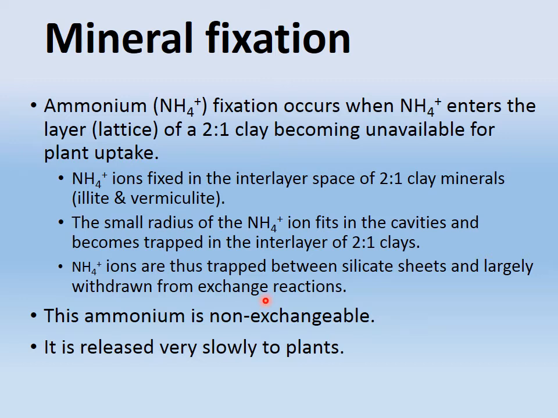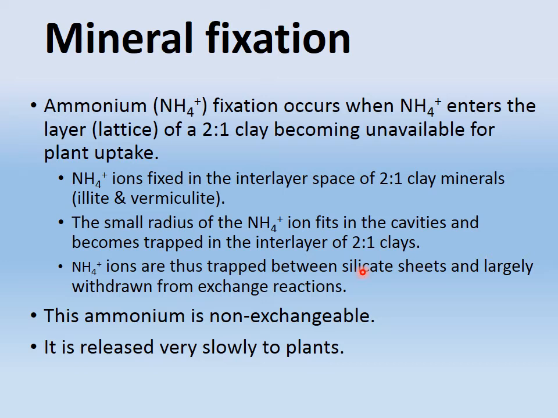You will remember from your earlier discussions on the types of clay particles that you'll get your 1:1 clays and your 2:1 clays. So all we're saying is the ammonium ion is very small, and as a result, it can fit within the layers of your 2:1 clays, or between the silicate sheets of your 2:1 clays.